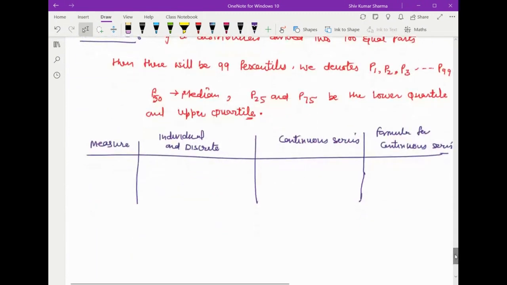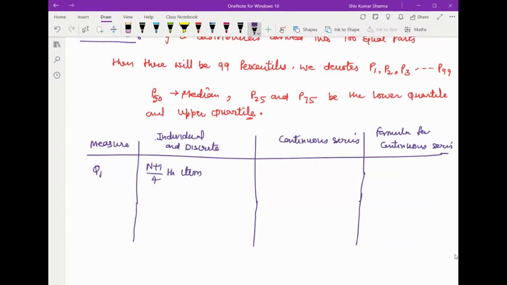When we calculate quartile 1, we basically start with quartile 1. You just find the (n plus 1) by 4th item. This is for the individual series.